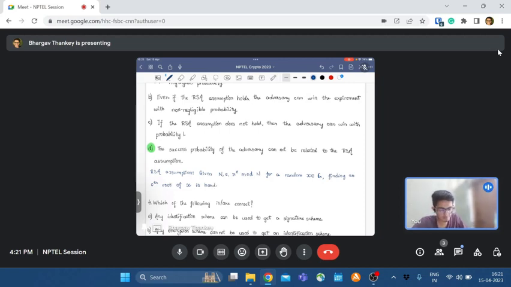So this is the RSA assumption. And the key thing over here is random x in G.